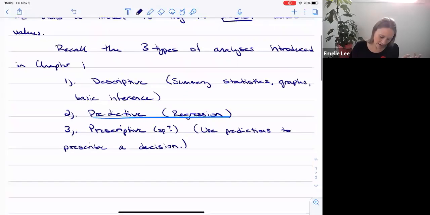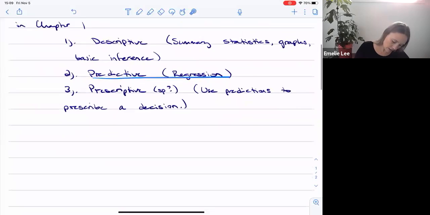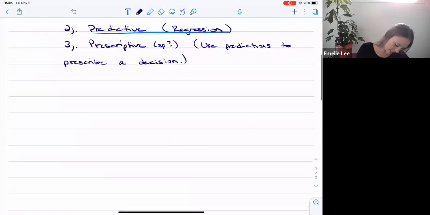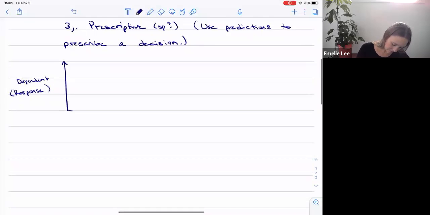One of the main ways that we do that is we build a model, and that's called a regression model, and we're trying to predict future values. You might remember that in general, we have some dependent variable, which you could also call the response variable, and it would go on the y-axis.